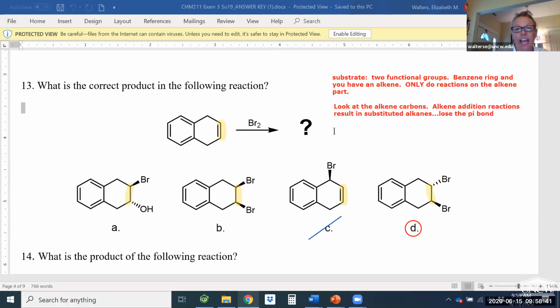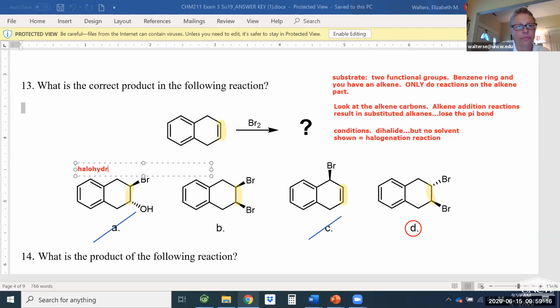Then I would look at the conditions. You have a halogen, or a dihalide, but no solvent shown. No solvent shown means this is a halogenation reaction, which marks out A, because A is a halohydrin, because of the presence of the oxygen.